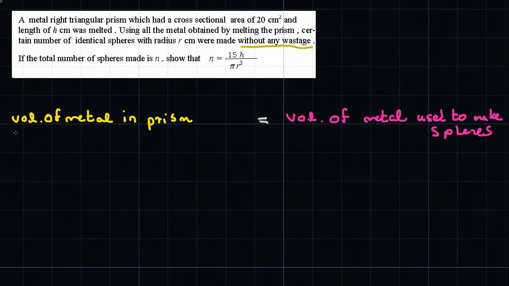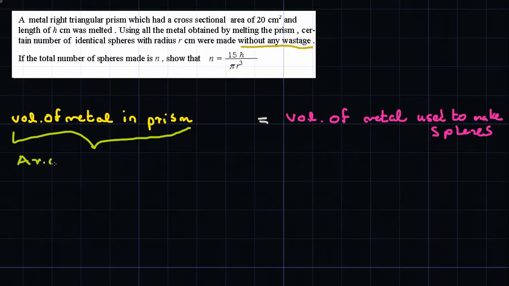So now, how do we find the volume of metal in the prism, or the amount of metal that was there when the prism was there? How do you find the volume of a prism? What's the formula?